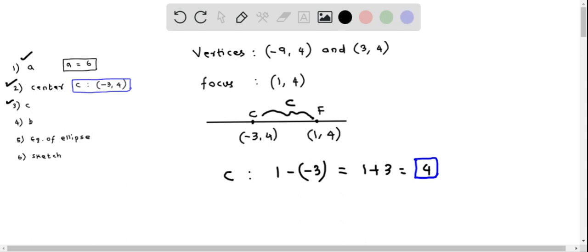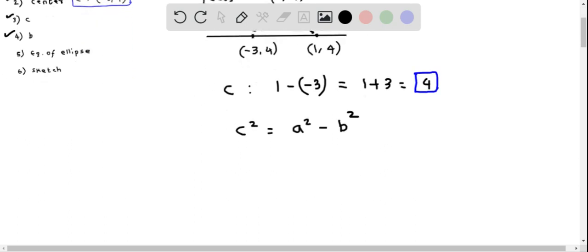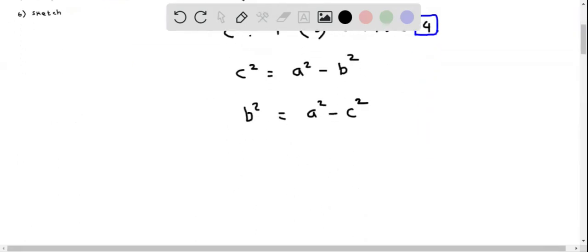We can determine the b using the formula, that is c squared equals a squared minus b squared. Now solving for b squared first, this equals a squared minus c squared. We have already determined the value of a, which is 6. We will replace it here.